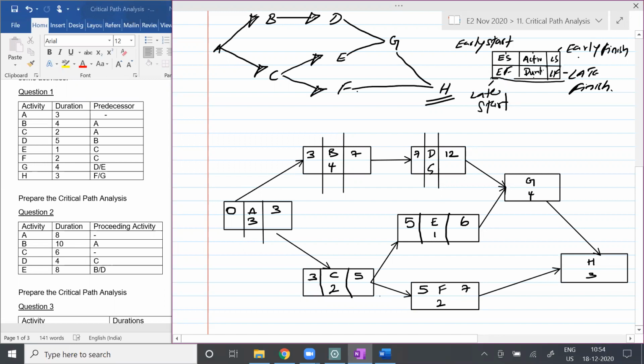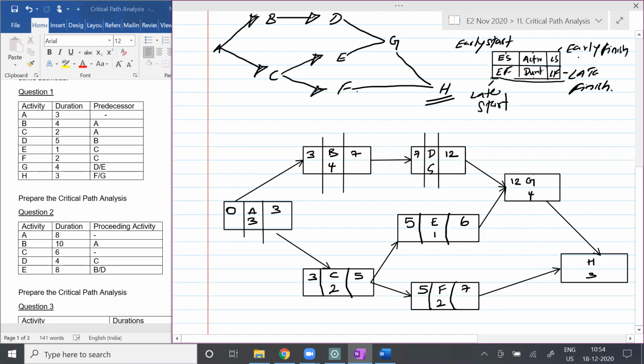Any questions, students? Okay. Is that fine? Now, after that G, in order to start G, there is an issue coming here. Here there is 12, here there is how much, students? 6. So in the earliest event, you should always go for the bigger number.